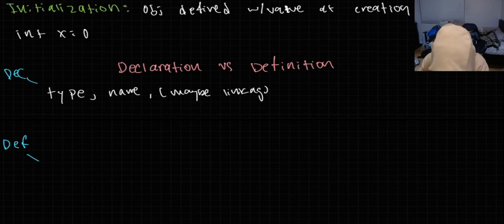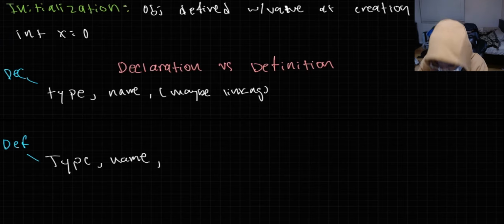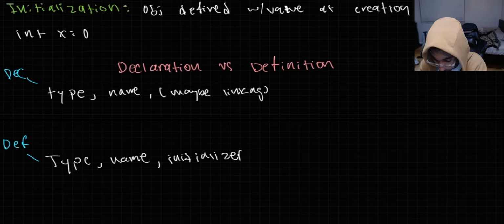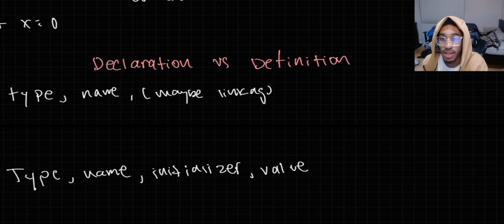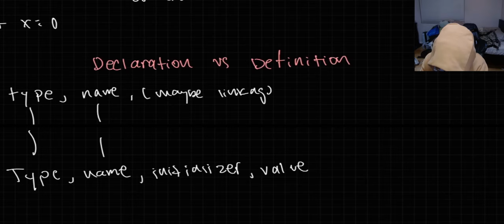A definition is the type, it's the name, it has an initializer, it has a value, and as you can see, a definition and a declaration, they kind of have similar values. They have types, they have name, and that's about it.